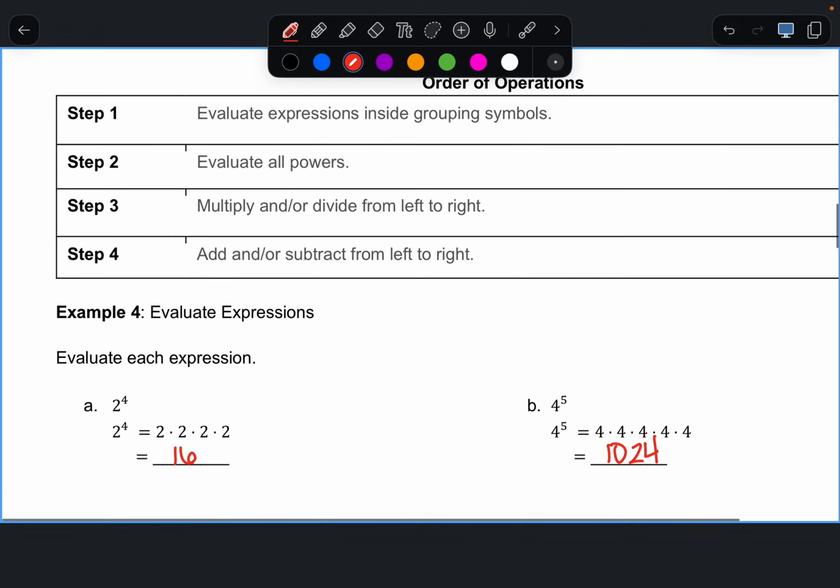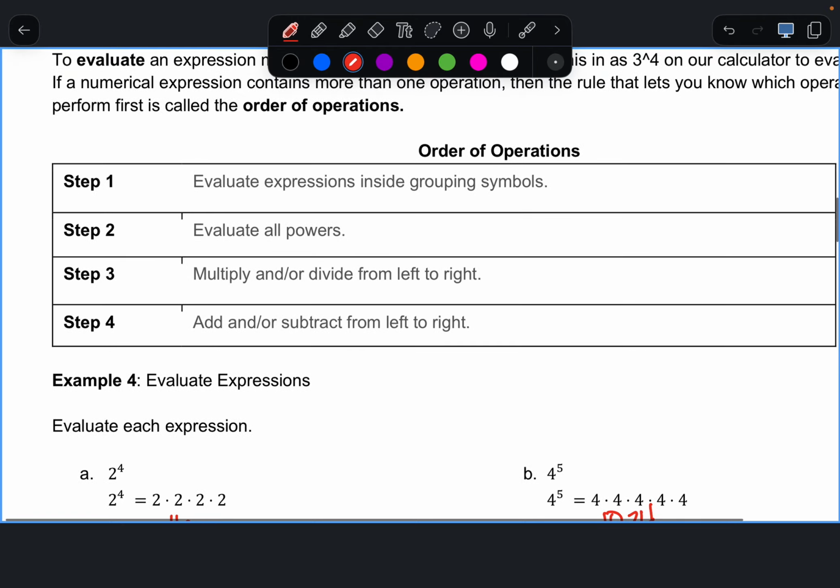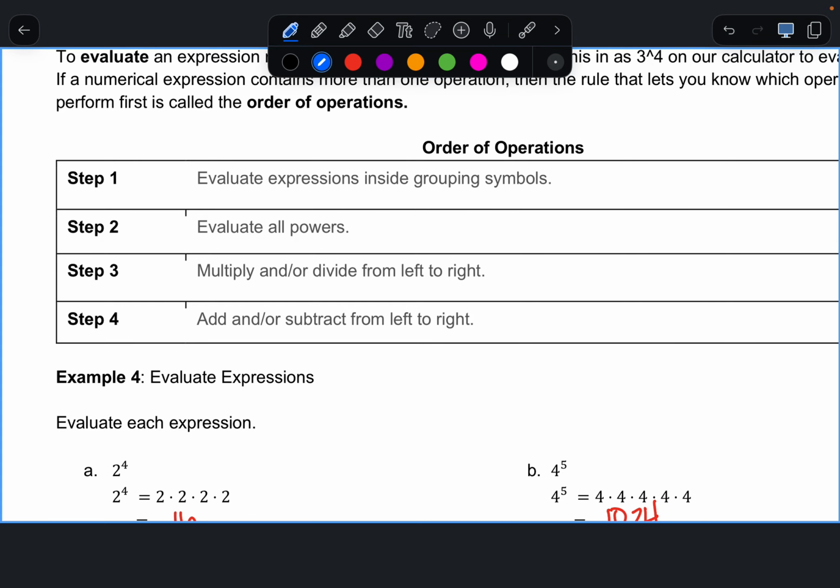PEMDAS, here we go. Is there a P? Nope. There is an E, so there's no parentheses. So we're going to go to E, exponent. 20 minus 7 plus 64 minus 7 times 11. Now what? Okay, now we move to multiplication and division from left to right.